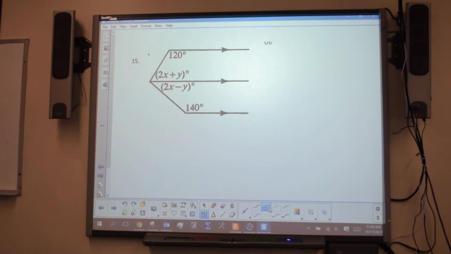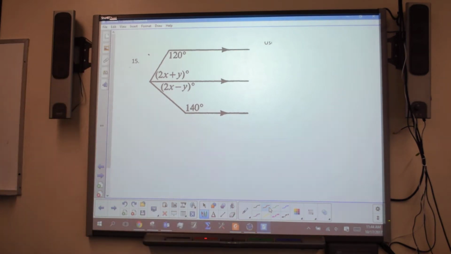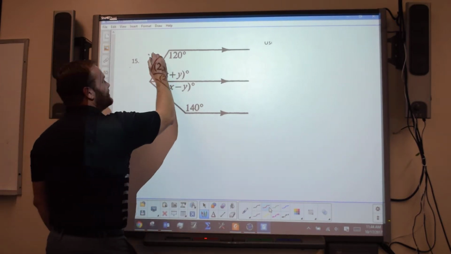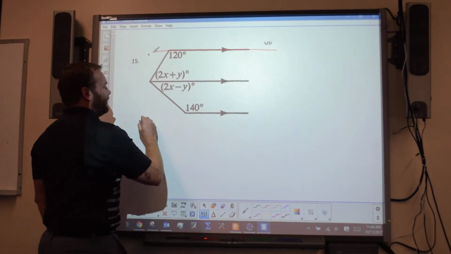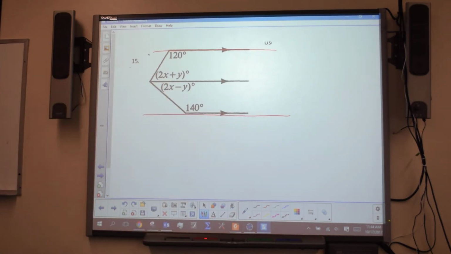All right, so we look at these. This is number 15. And we start looking at trying to find x and y. So we're just going to pick out some parallel lines. My hope is that you realize that that parallel line there and that one there are probably not the best two to pair up and look at, because do they have a common transversal?